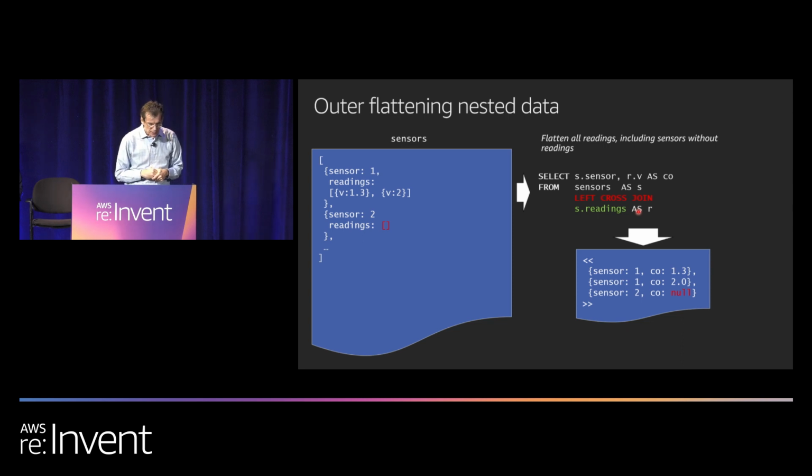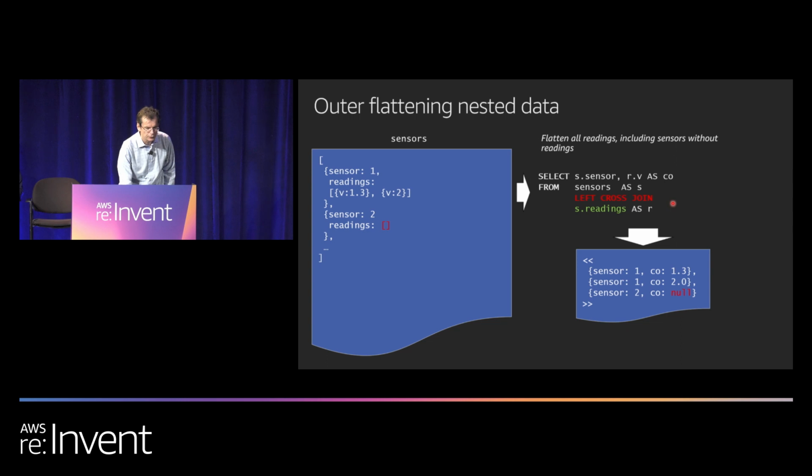So here, let's make a little twist. I want to flatten, but if I have some readings like this one that we have here that comes with an empty array, I'd like to have a from clause that will still produce a null for this case, right? That the R is going to come with a null.